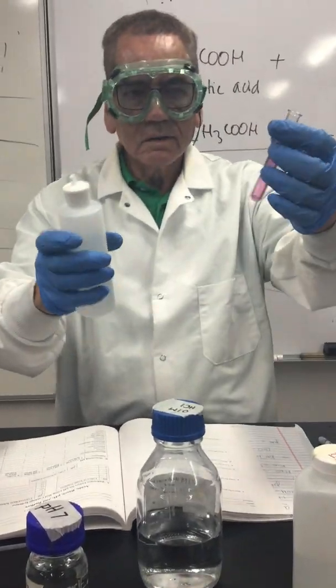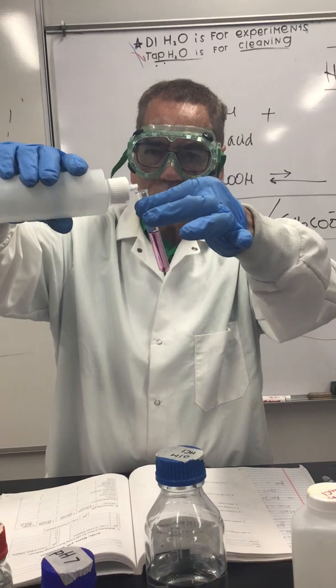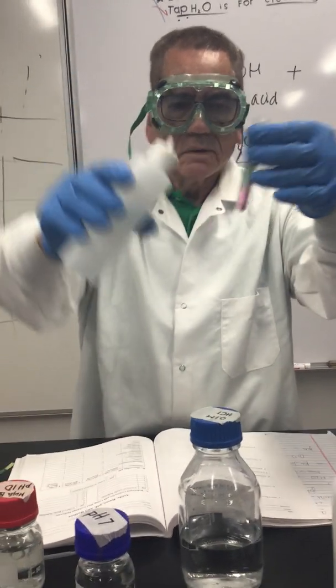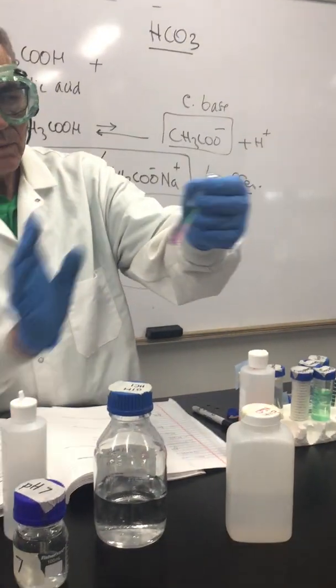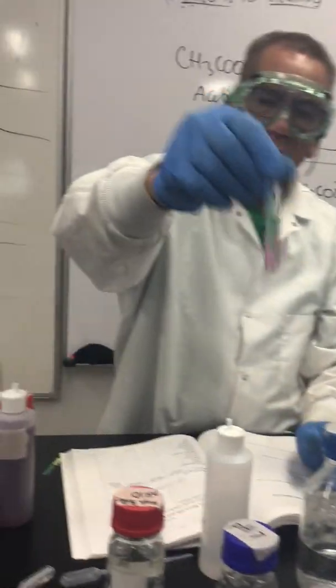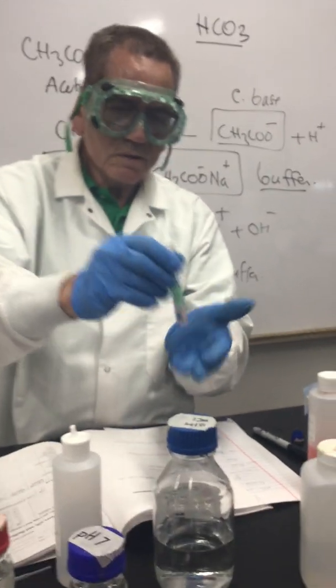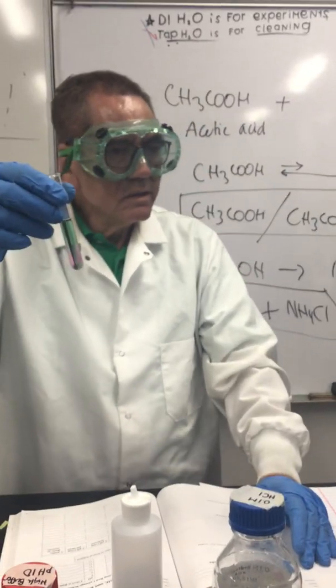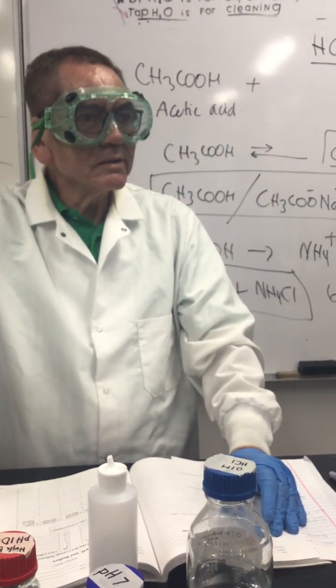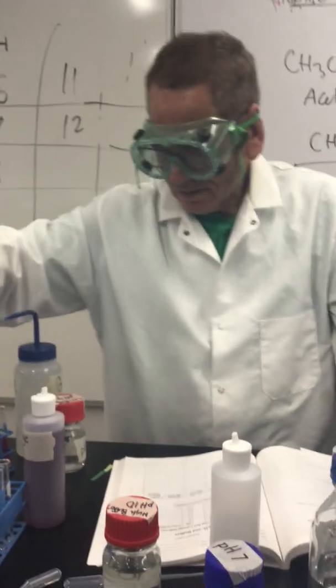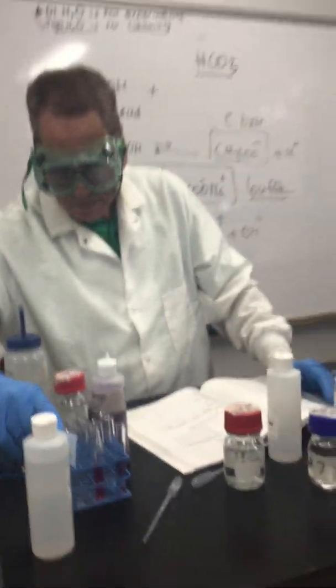This is water with cabbage and this is base. What happened to the color, you guys? Almost green, right? So it changes from 7 to about 10, 11. Got it?